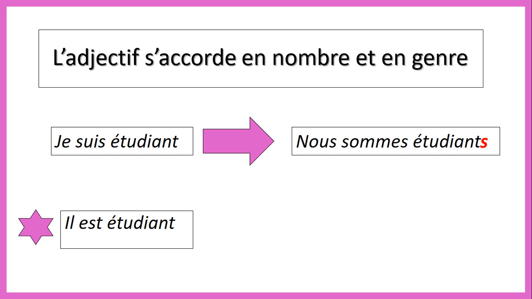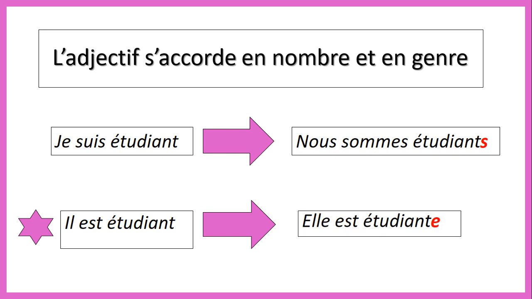Same thing happens for gender. Take a look at this. Il est étudiant. He's a student. What if I want to say she? Elle est étudiante. So I add the E and I pronounce it a bit differently. Unlike the sentence on top where I had added the S, with no difference in the pronunciation, in this sentence when I add the E, the pronunciation is also different.